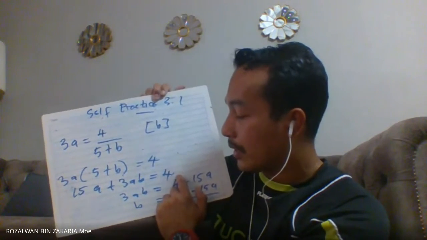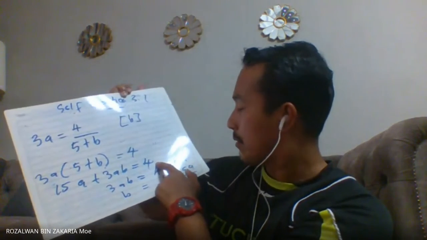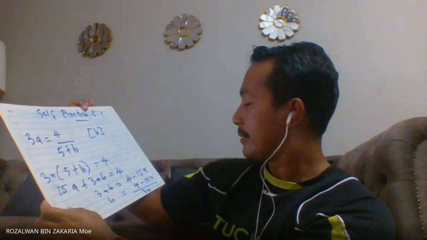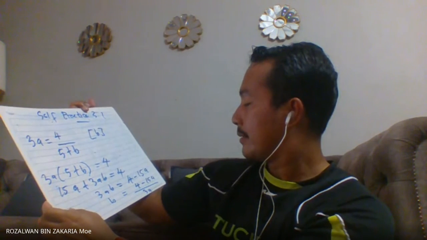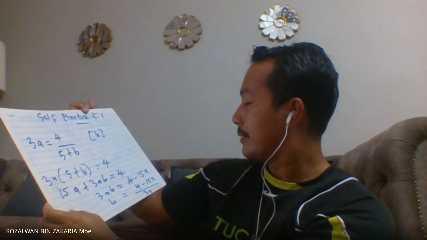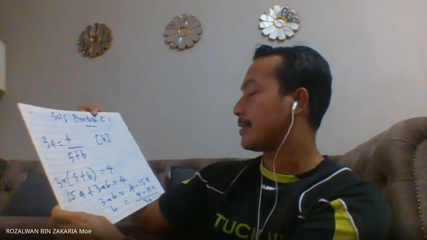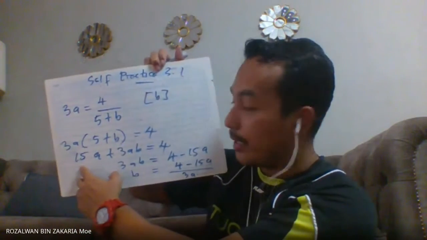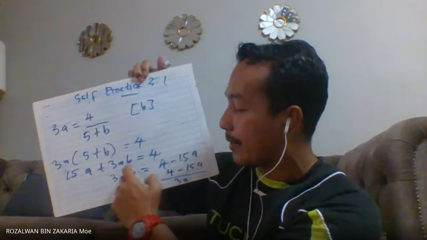Then what to do? Class, can you understand this one? How to get 15a plus 3ab equal to 4. Then what to do?